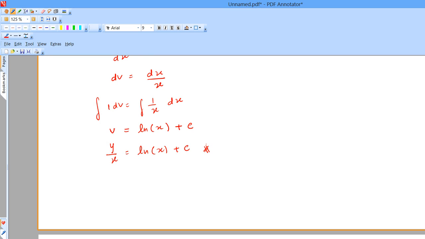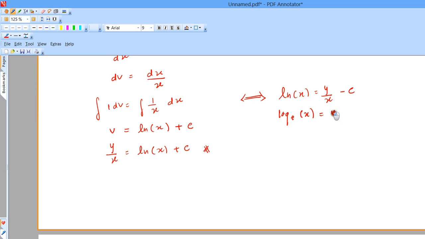This solution we wrote in logarithmic form. So how do we write the solution in exponential form? Actually we can rearrange: ln x equal to y over x minus c, and then you need to remember that ln refers to log base e.